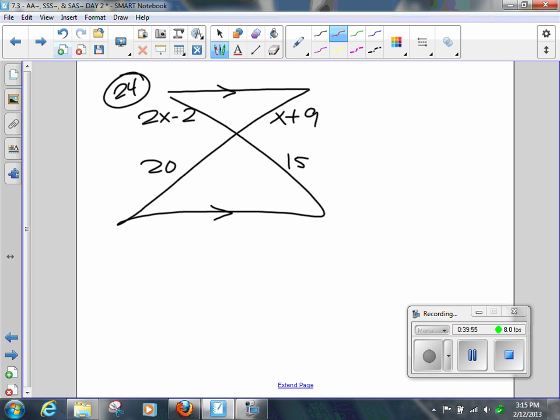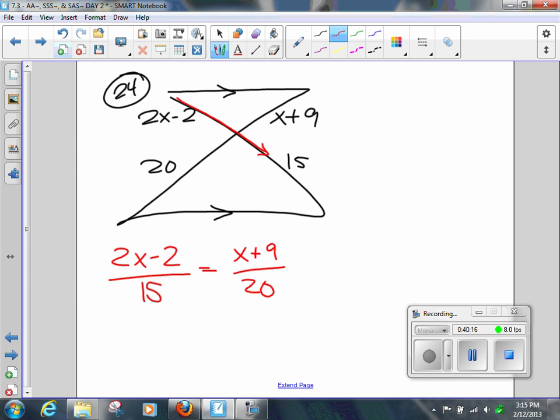All right, so Joseph, let me just ask you. 2x minus 2 is going to correspond to what? There we go. Go across. And it's going to be equal to, oh, looky there. There we go.